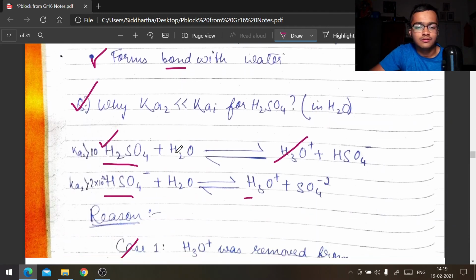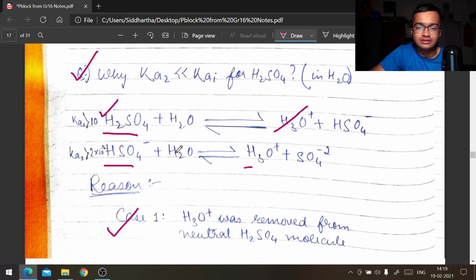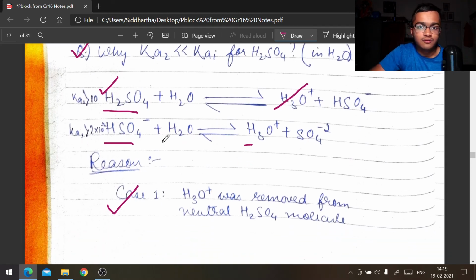Now, why is Ka2 less than Ka1 for H2SO4? I have repeated that when you dissolve H2SO4 in water, it gives H3O+ and HSO4-. Secondly, for Ka2, HSO4- plus H2O gives H3O+ and SO4 2-.